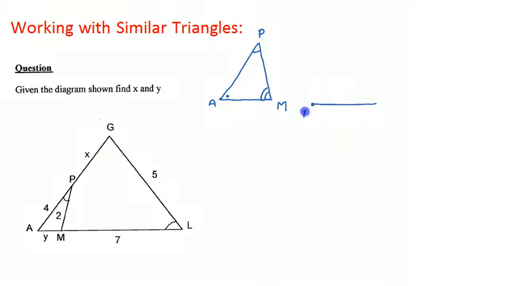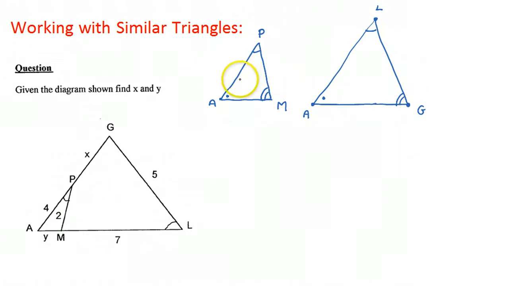So if this is point A, we see that angle P is equal to angle L, so it's going to come up here to L, and then it's going to come back down to G. And so then what we know is there's angle A, there's angle L, and then here's angle G. And again, now we can clearly see it states that angle P and angle L are equal. Angle A is the same in both cases, so angle M has to equal angle G.